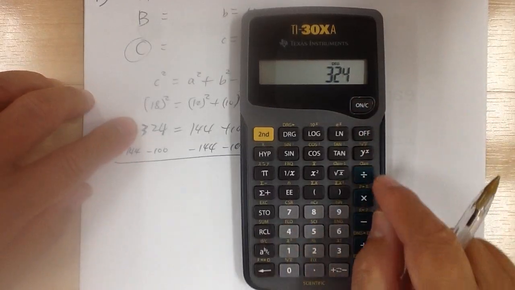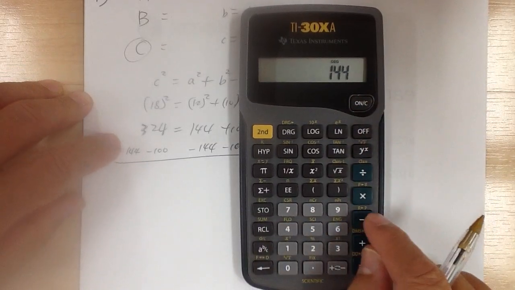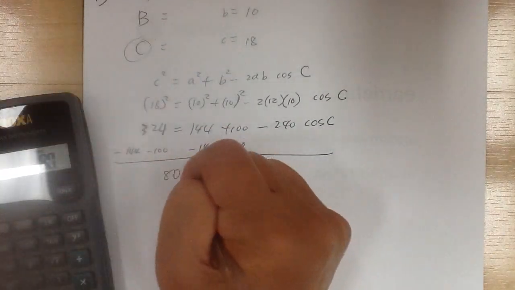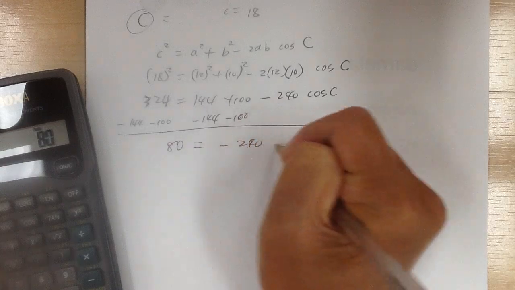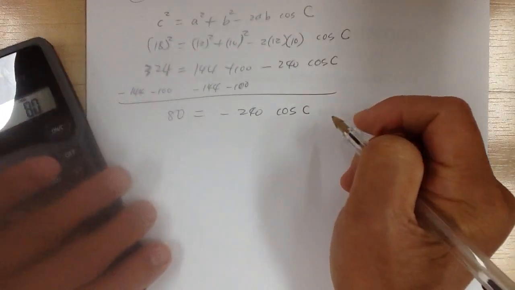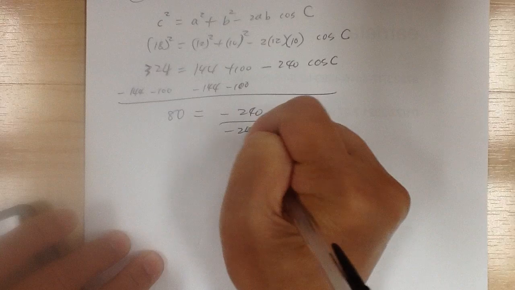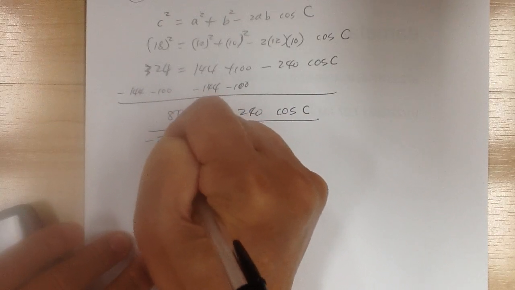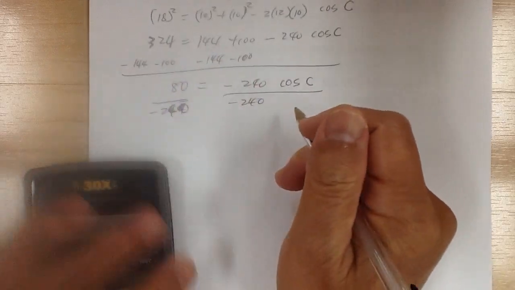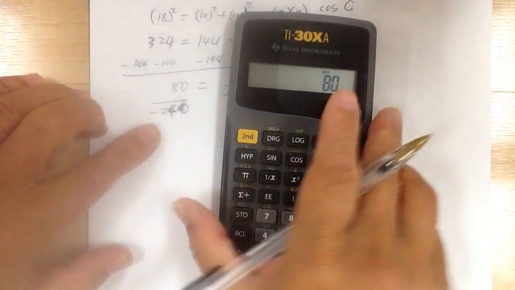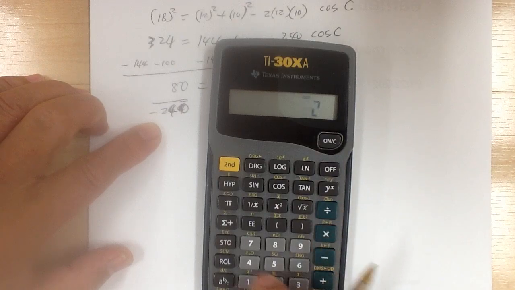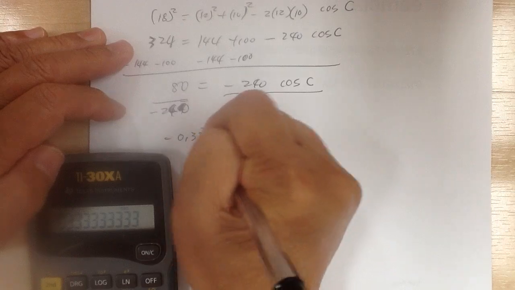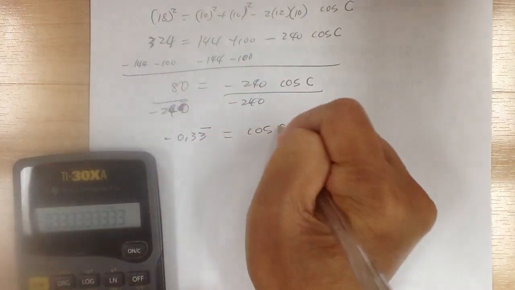So 324 minus 144 minus 100 gives 80, equals negative 240 cosine of C. Divide by negative 240, so you get negative 0.333 repeating equals cosine of C.